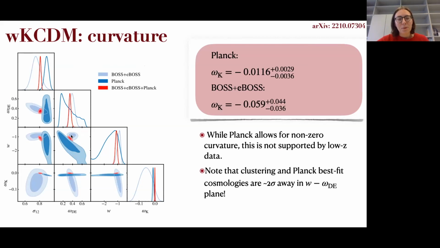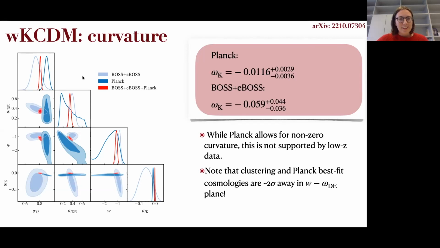And as we saw before, this parameter subspace is what defines the value of sigma 12. And indeed, if we also look at sigma 12, we note that now Planck prefers much higher values of sigma 12, and it's really quite inconsistent with clustering. And in fact, this is the greatest shift in sigma 12 values that we see in the different models considered.